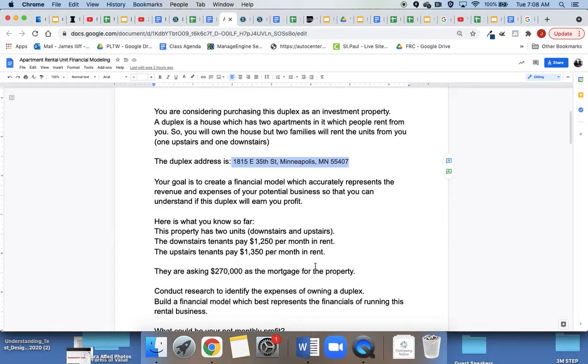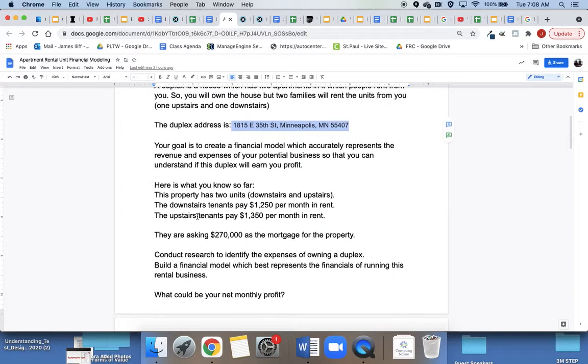So here, what do we know so far? Okay, so here's what we know so far. This property has 2 units, a downstairs unit and an upstairs unit. The downstairs tenants pay $1,250 per month in rent, and the upstairs tenants pay $1,350 per month in rent.